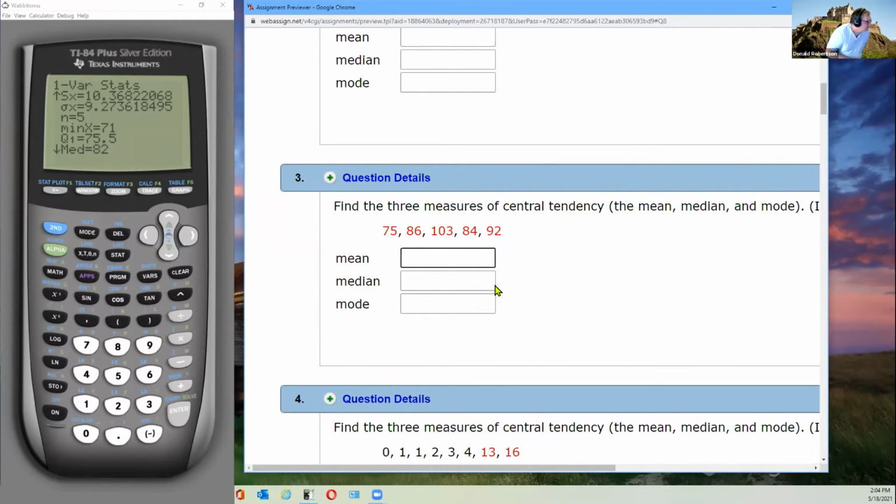Yeah. So 103 would be the median, right? On yours? Or am I thinking of the wrong one? I think you might be doing the wrong thing. I'm not quite sure what you are doing, but the median is 82. That's the bottom line for the data set that you gave me.